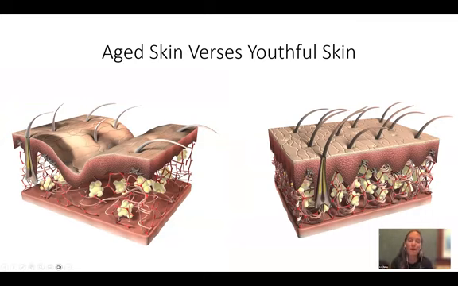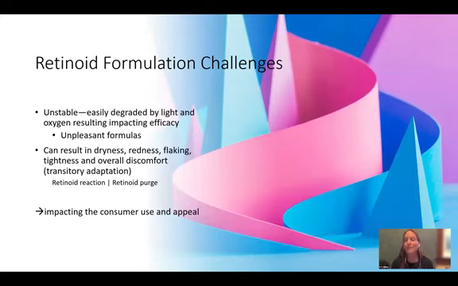So when we talk about how retinoids are the gold standard, you can see why that is, because retinoids can hit the full gamut of aging concerns that people have. So that is all of the benefits of retinoids, right?